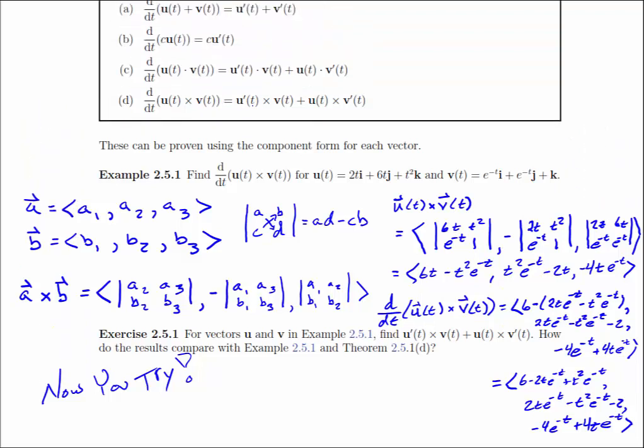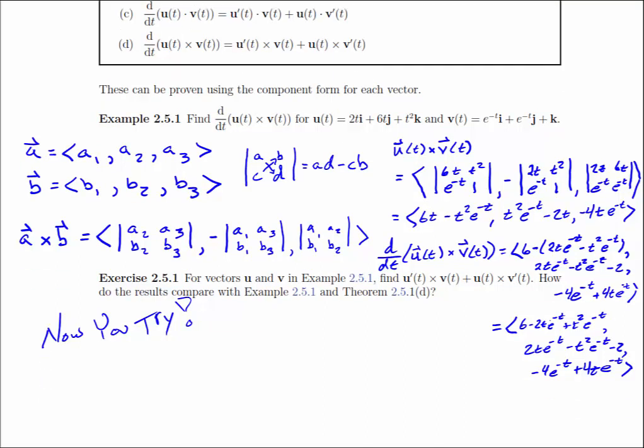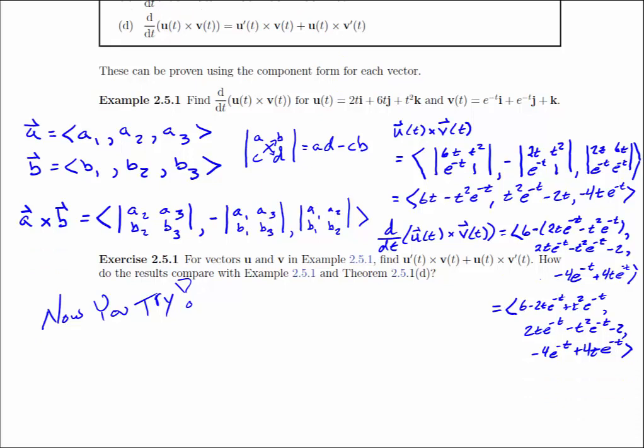So we can take the derivative of u and v individually, and then the derivative of the cross product equals this formula: we take the derivative of u and cross it with v, then take the derivative of v and cross it with u, and add those together. We should come up with the same answer here, but I will give you a chance to do that. Pause the video, come back, and I will show you the answer.